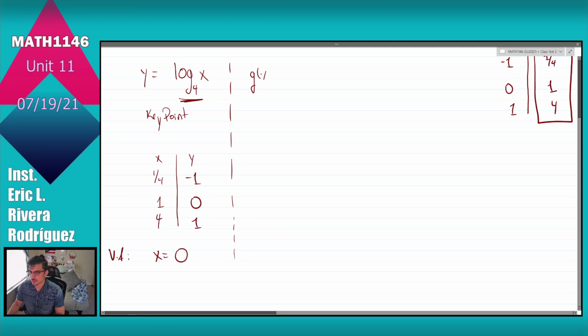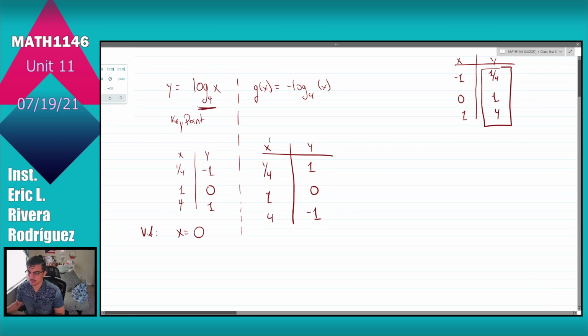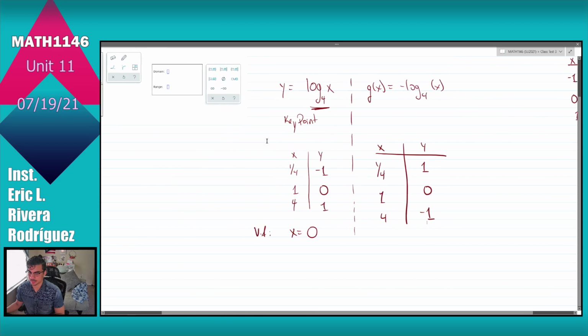The new key points are going to be just the same, with the difference that we multiply the y values by -1, and those are the points that you are going to put on the coordinate plane.